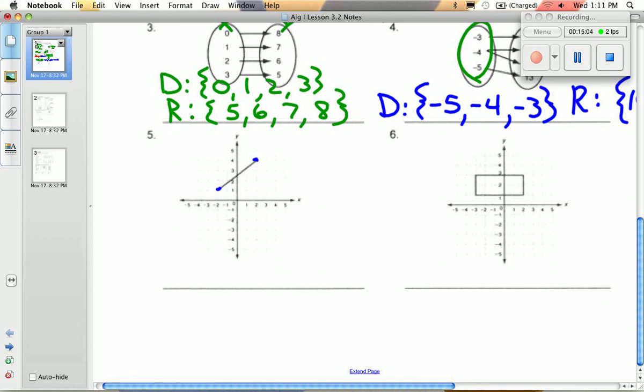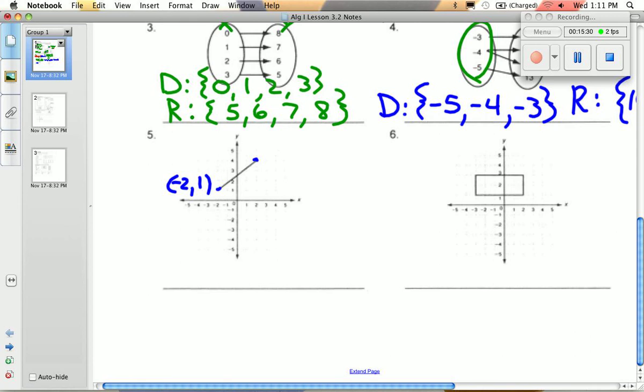Because it's a continuous graph, are we going to be able to write the numbers individually? If it's a continuous graph? No, we're going to have to use a compound inequality, aren't we? Yeah. So what's this one's ordered pair name? -2, 1. 2 to the left, 1 up.